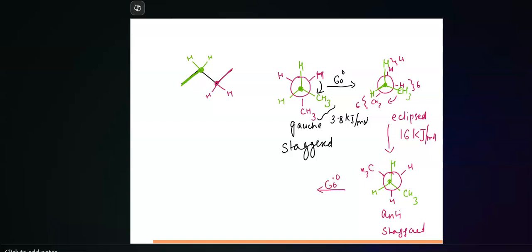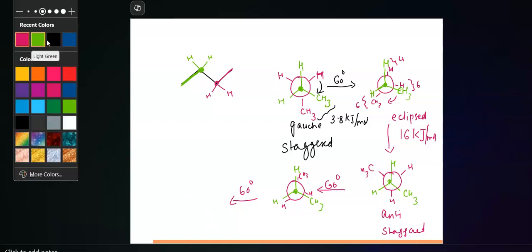Take that, give another 60-degree rotation, and you get the eclipsed conformer again. Same thing: the front carbon atom intact, with hydrogen, CH3, and then the pink one at the back. So now this hydrogen goes behind this, the CH3 goes behind this, and the hydrogen comes behind this. Another 60-degree rotation, and now we get the most unstable structure.